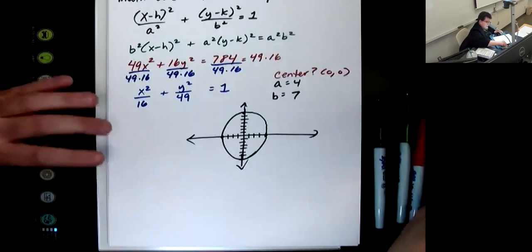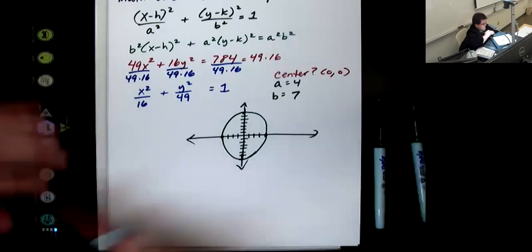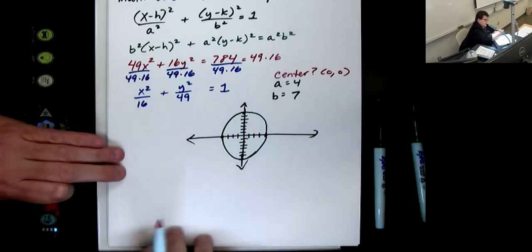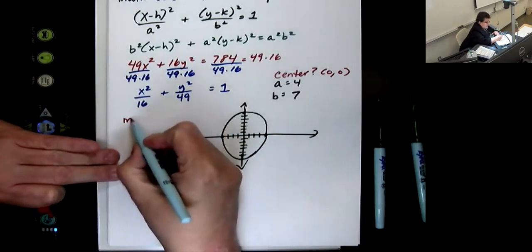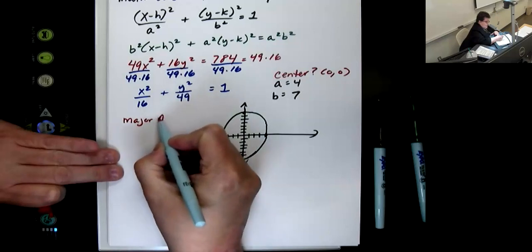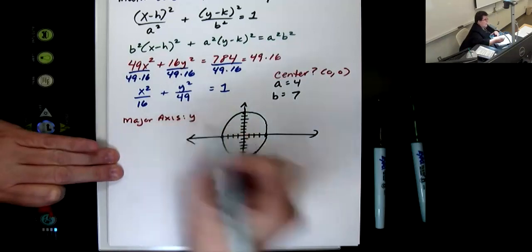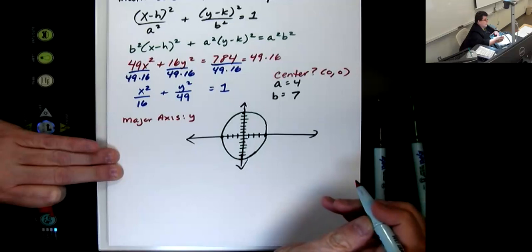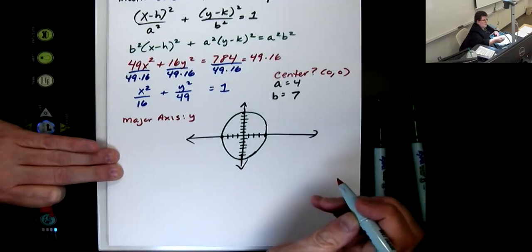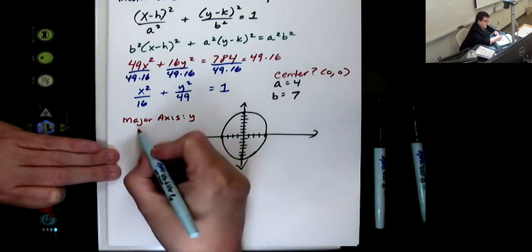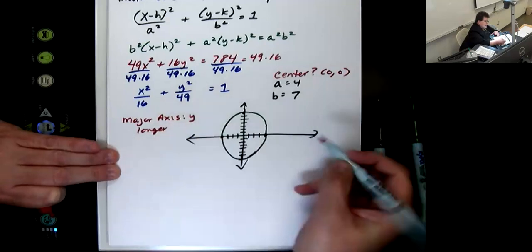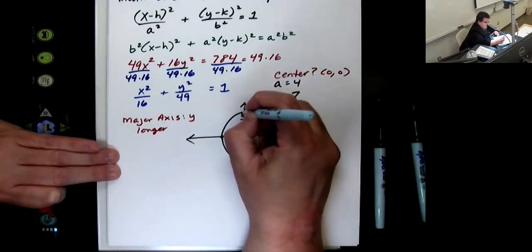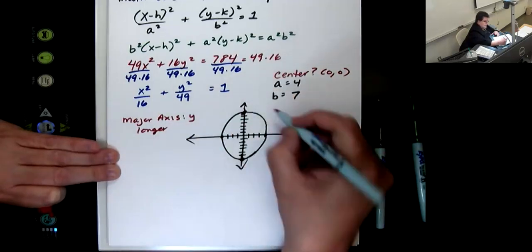So along which axis here is the major axis? Major axis is the y. Why? It's the longer one, right? It's the longer one. The endpoints on the major axis are called the vertices.